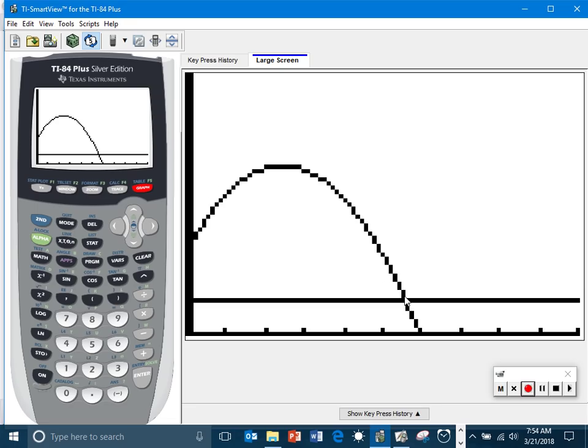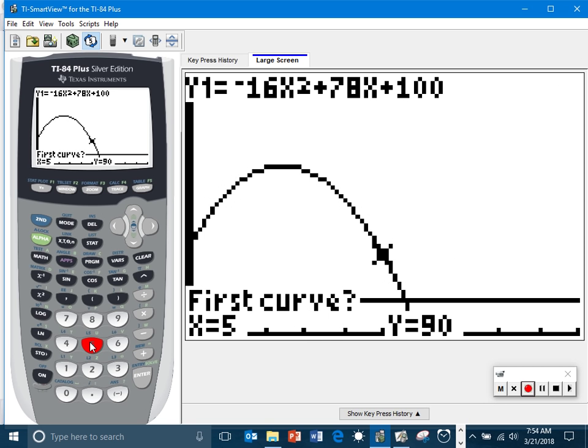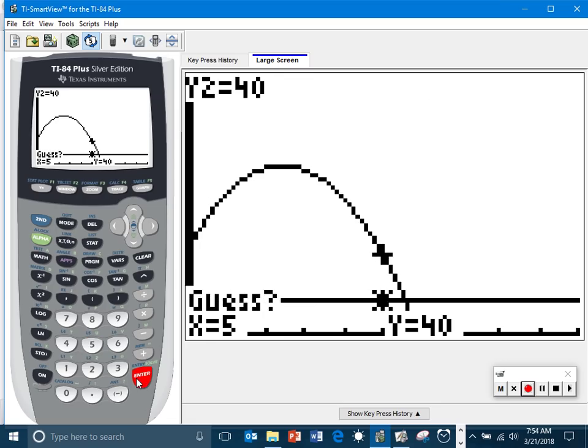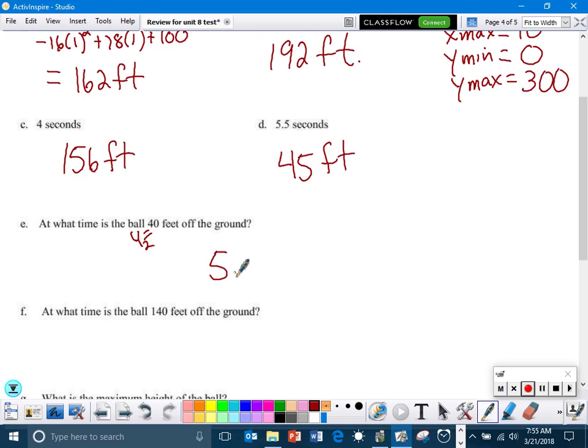So now we're going to go second, trace, intersect number 5, and now we're going to hit enter 3 times. 1, 2, 3. So there's our 40, and we look at X, and it says 5.55 seconds. All right, so 5.55 seconds.